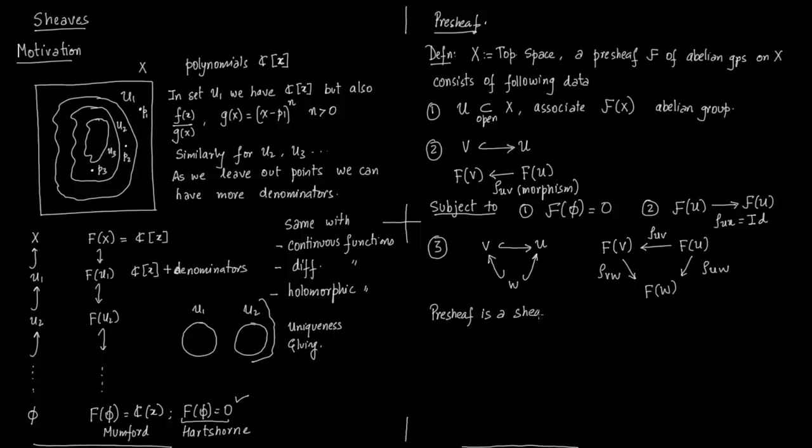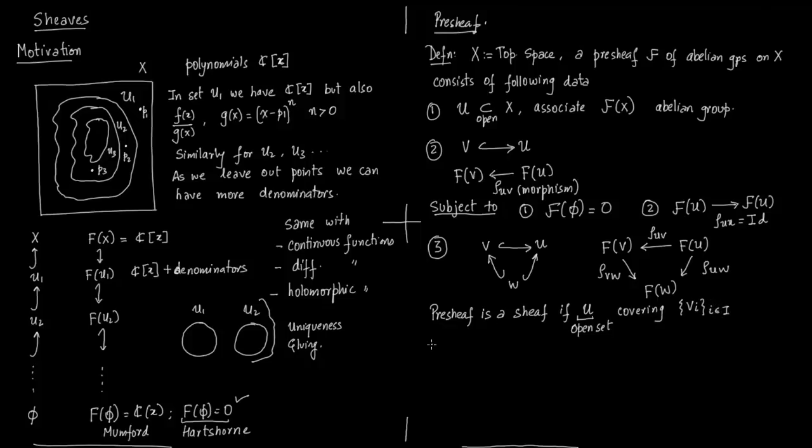So a presheaf is a sheaf if, for U an open set with some covering, we have the following two conditions.